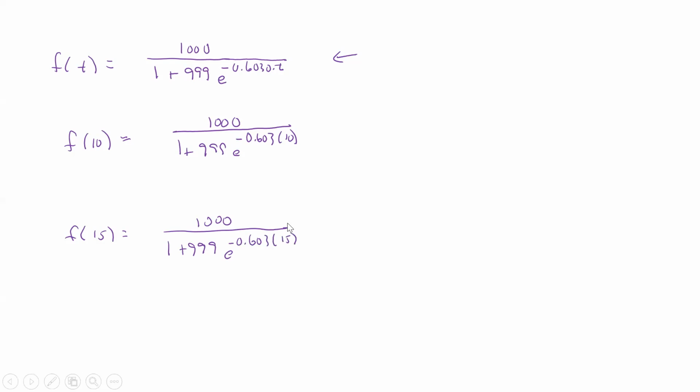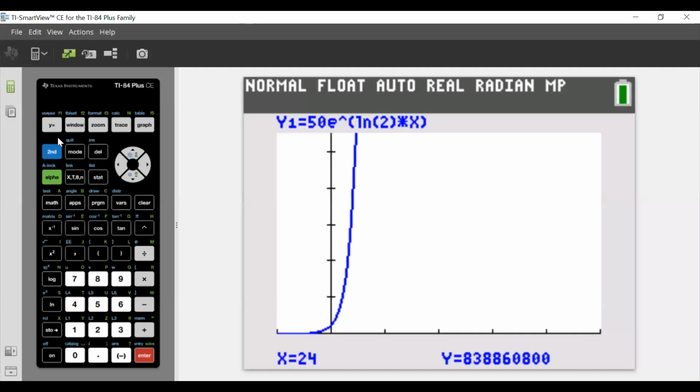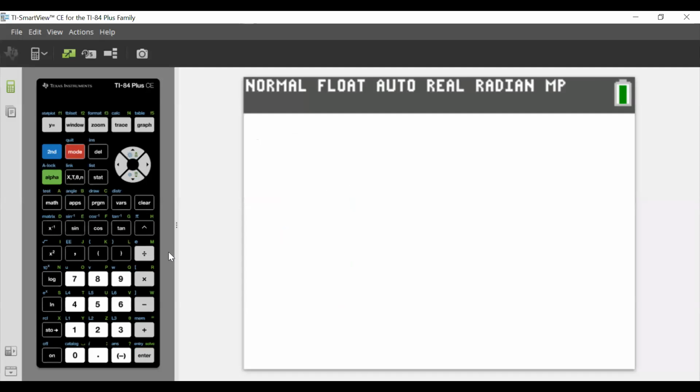Okay. So let's go to our calculator and make sure we type this in right. So now what we had was 1,000 divided by, now we need parentheses down here, 1 plus A, which was 999, times e.